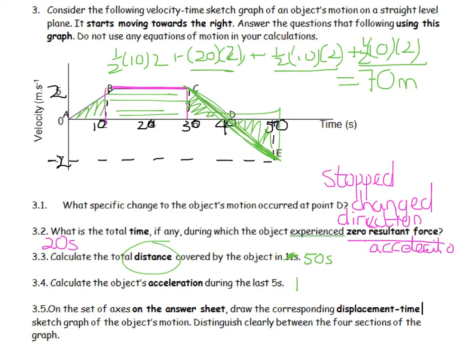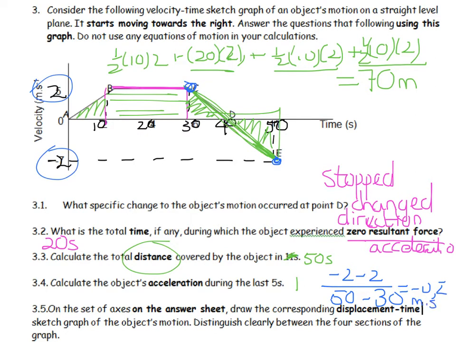So I'm going to say change in velocity, and my velocity is final minus initial velocity, and I am going to divide that by my change in time, which is going to be 50 minus 30, and I land up with negative 4 divided by 20, and that turns out to be equal to negative 0,2, and it's meters per second squared. Don't forget, it's an acceleration.